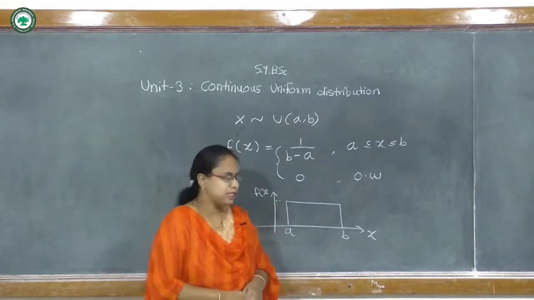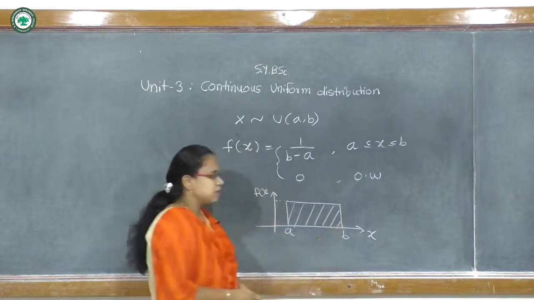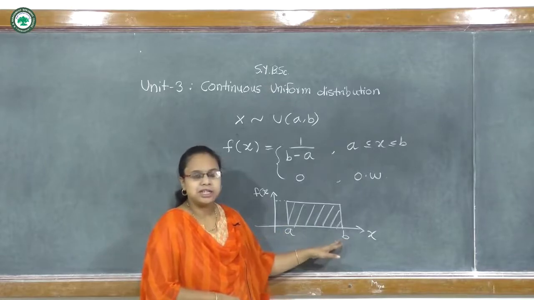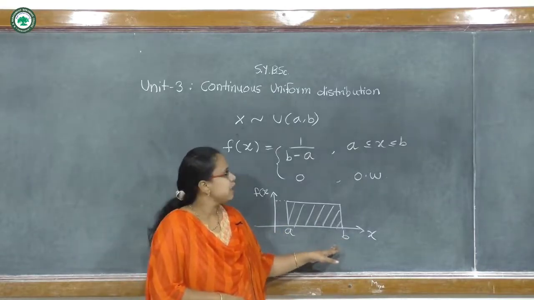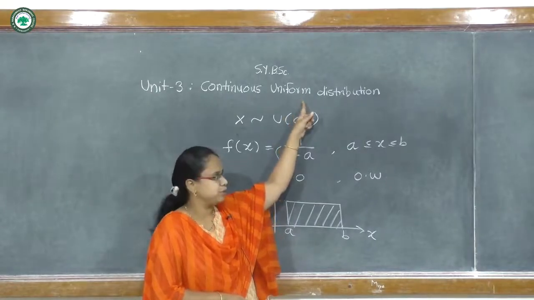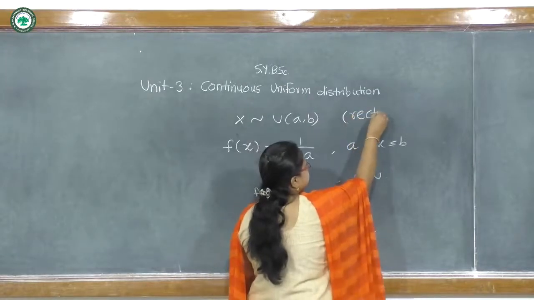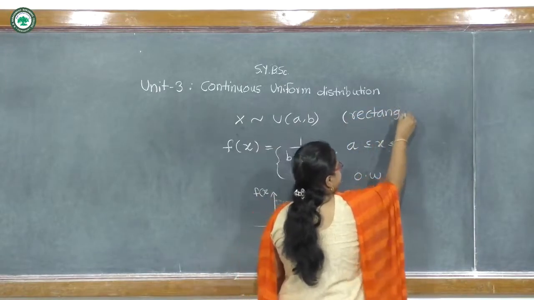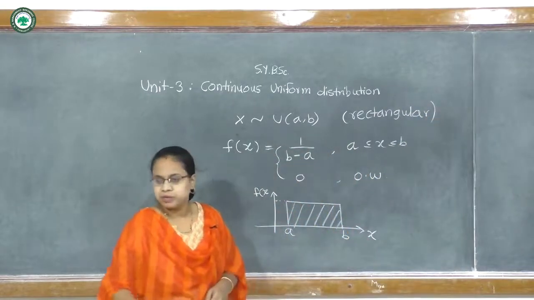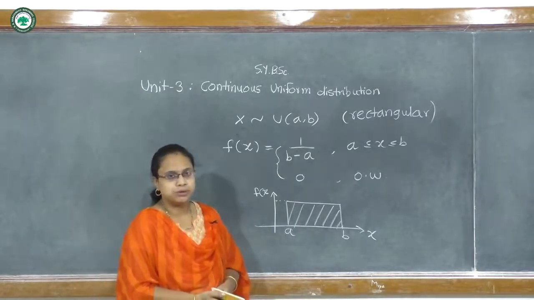This is the nature of the curve for uniform distribution. The curve lies between A to B and has a rectangular shape. That's why this uniform distribution is also called rectangular distribution. So this is all about the definition of uniform distribution.